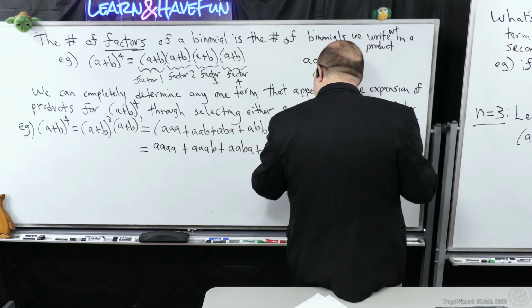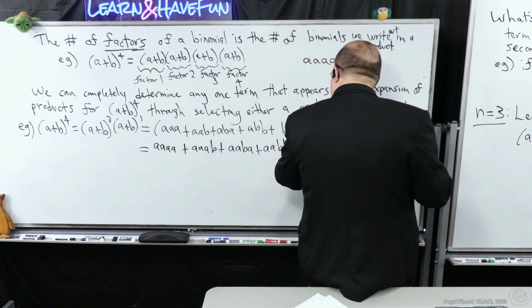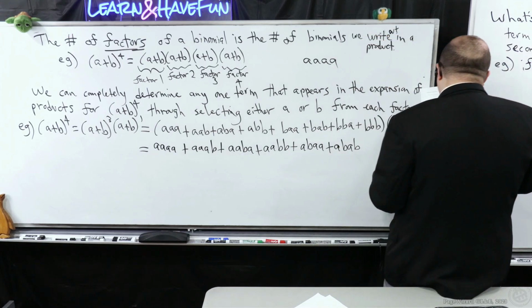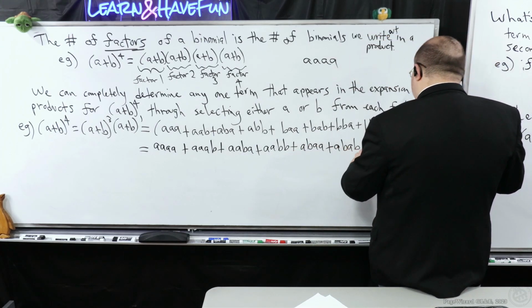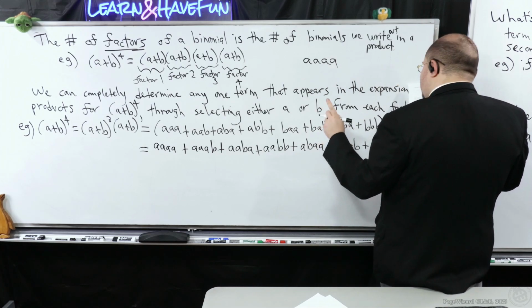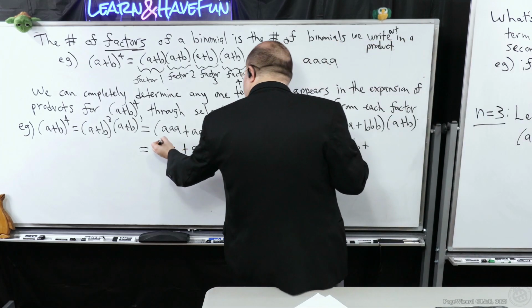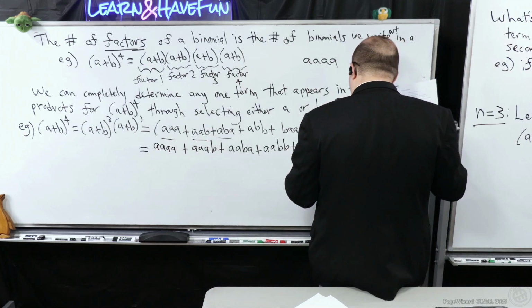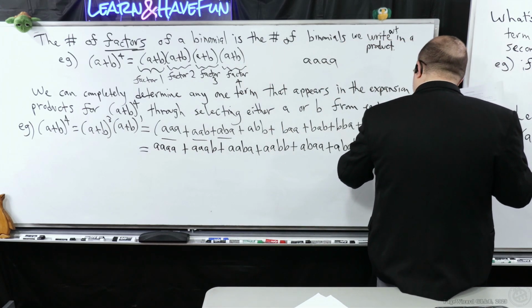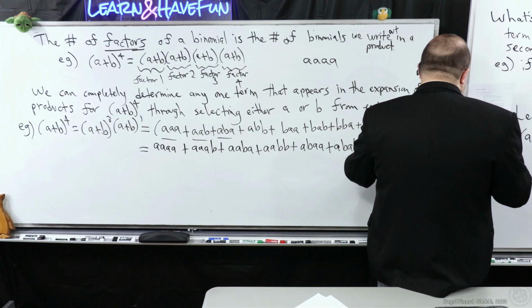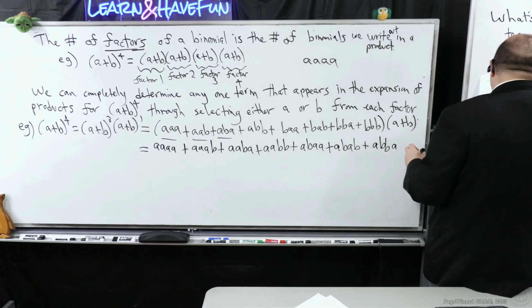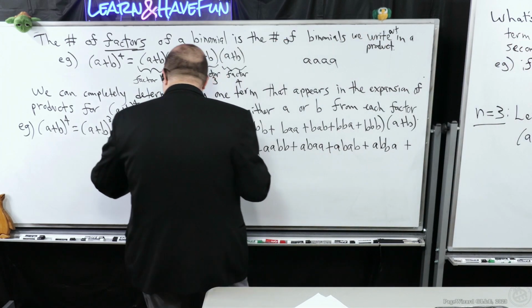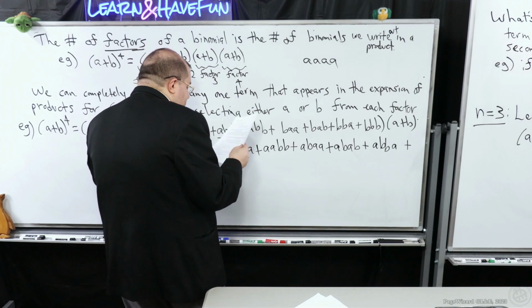Now let's do ABA plus B. Then we've got ABA, and ABB next, so we have ABBA and ABBB.